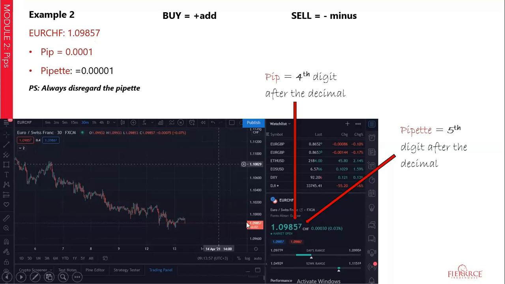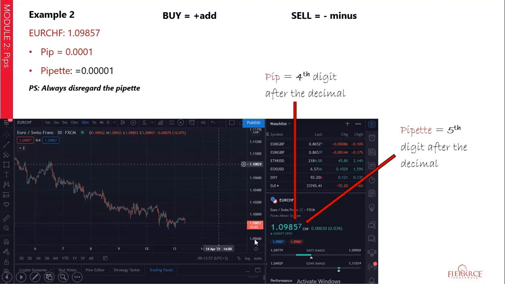So if this is the current spot price for Euro CHF, and the price goes up by, let's say, 10 pips, meaning we are buying, we are going to add the pips. I've added 10 pips to 85, and then I've brought back the 7, so the final price will be 1.09957.